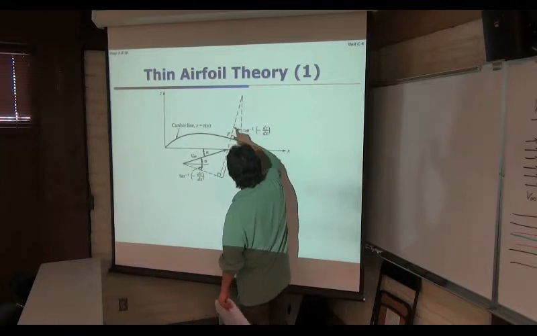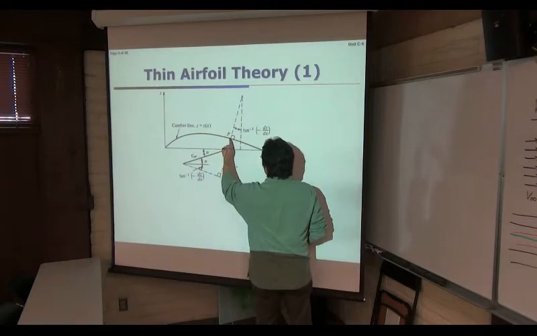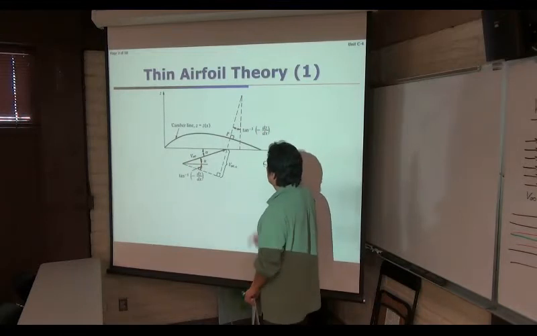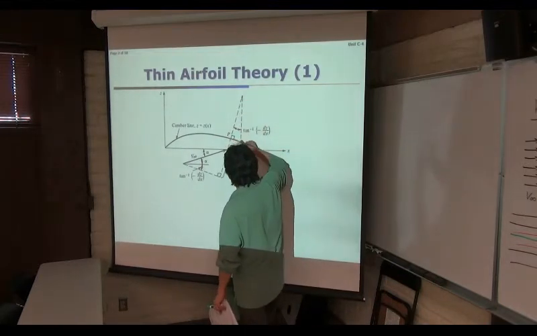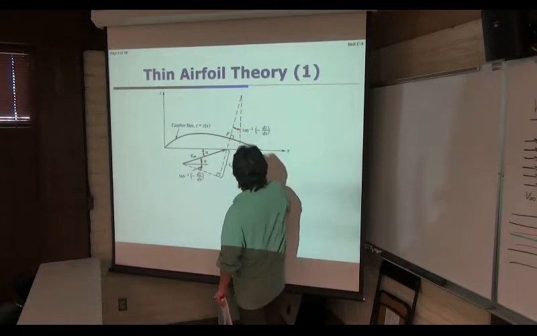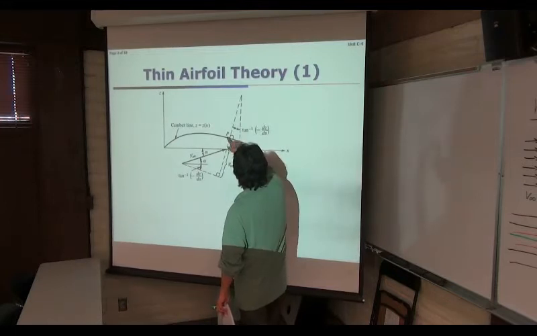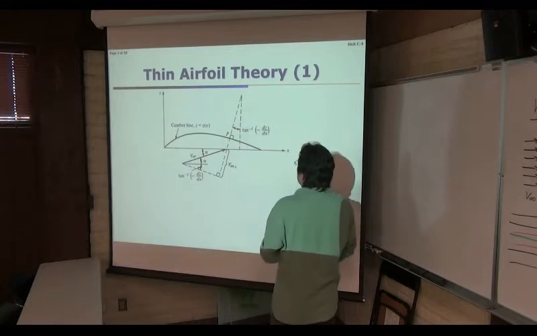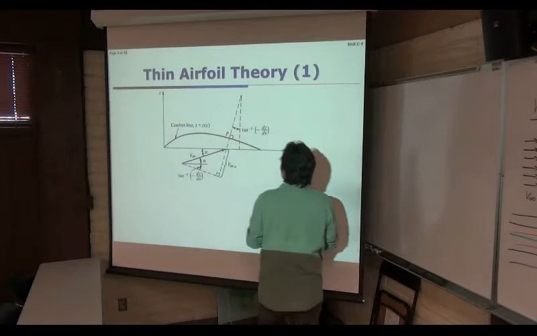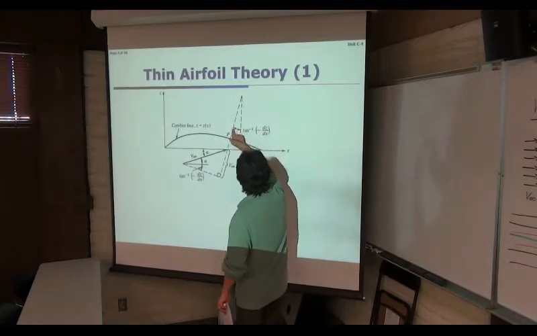This angle is basically the inverse tangent of the slope of this camber line at the point P, which is dz dx, with a minus sign on it. Think about this triangle. This is dx, this is dz. So inverse tangent of minus dz dx gives you this angle.